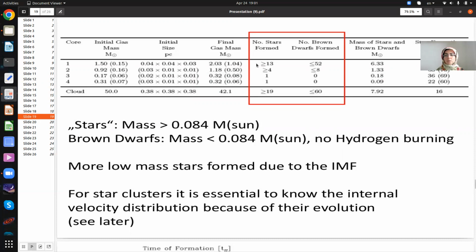And you see here the number of stars formed per core, initial gas mass in solar masses, initial size in parsec, final gas mass in solar masses, number of stars formed, number of brown dwarfs formed, mass of stars and brown dwarfs, and star formation efficiency in percent.